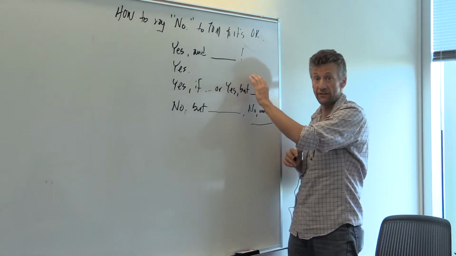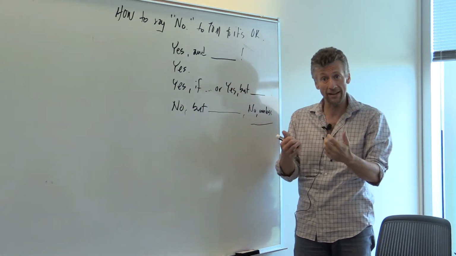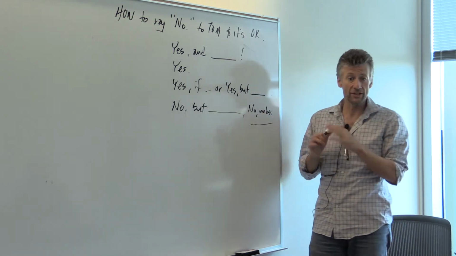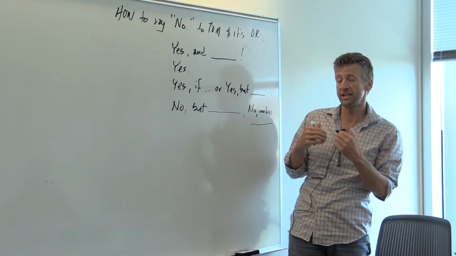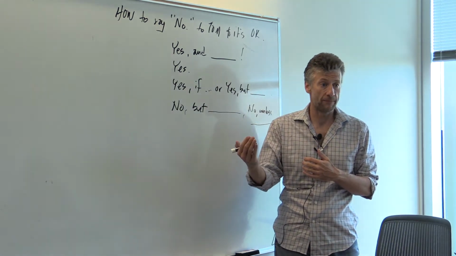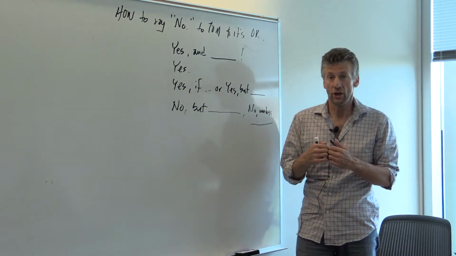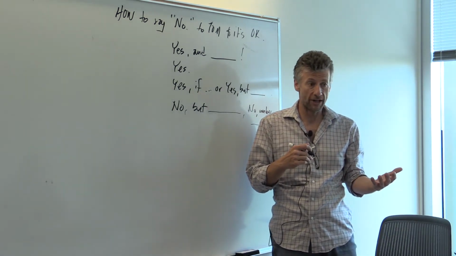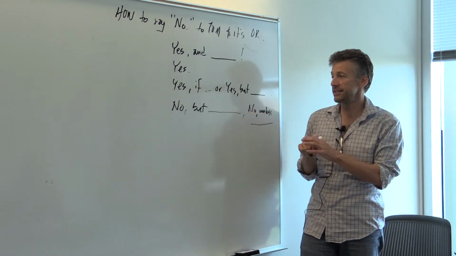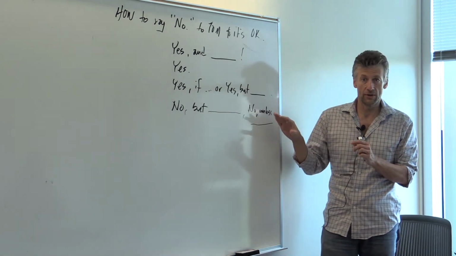You can say yes if conditional, yes but conditional. It sounds pretty positive. But if you say no unless, you're putting a little bit more resistance behind it. No, unless you tell me that I don't have to fill out this report or do this form, unless you release me from some other duty that you gave me that I thought was a higher priority. So no but, no unless, these sort of contingent no's.